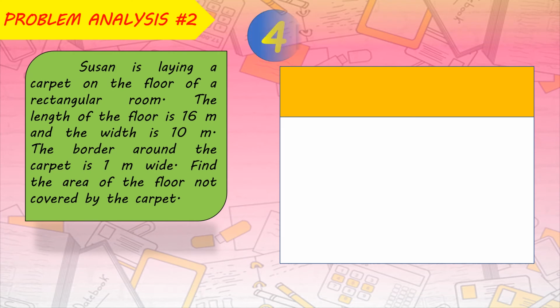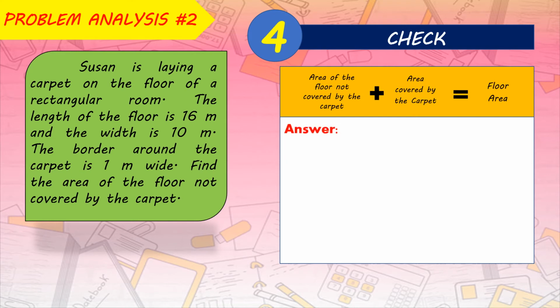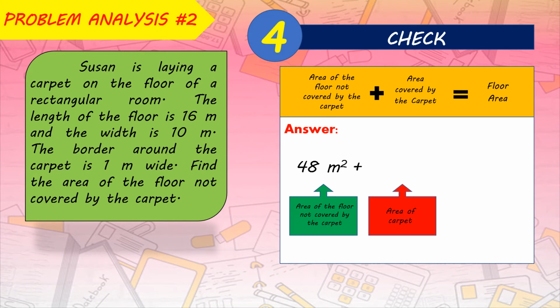So now, after solving, we are going to check. To check, we add the area of the floor not covered by the carpet and the area covered by the carpet. If we get the total floor area, then we got the right answer. Now, let's add 48 square meters plus the area of the carpet, which is 112 square meters.